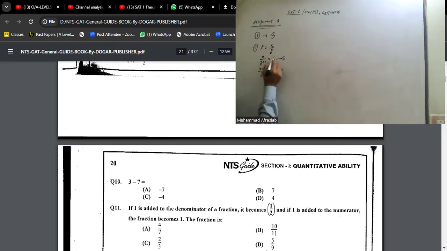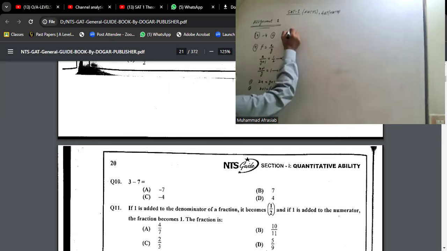If we cross multiply for 1, 2x is equal to y plus 1, and for 2, it should be x plus 1 is equal to y. Now we put y into this, so 2x is equal to x plus 1 plus 1. 2x minus x is equal to 2, or x is equal to 2.